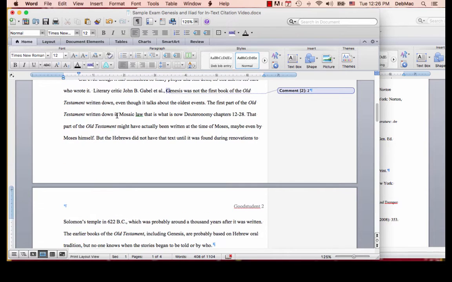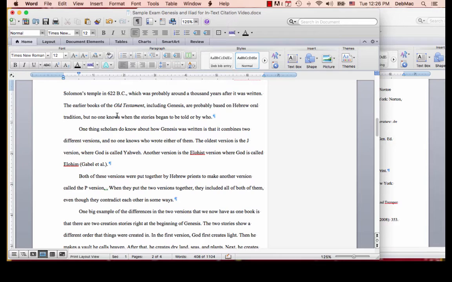We don't need to do that again because we've already said that. So all we have to do here at the end of this first sentence is say Gable et al. Period. Okay.